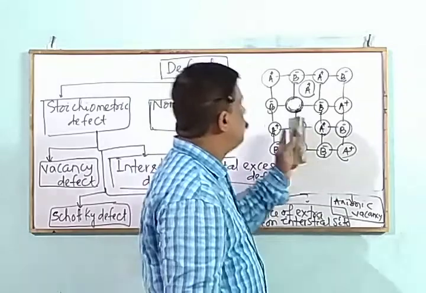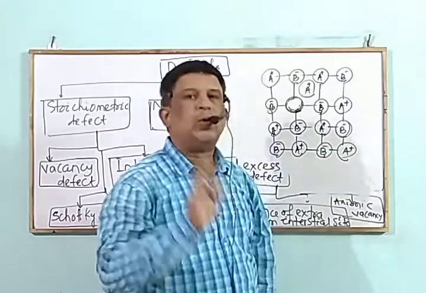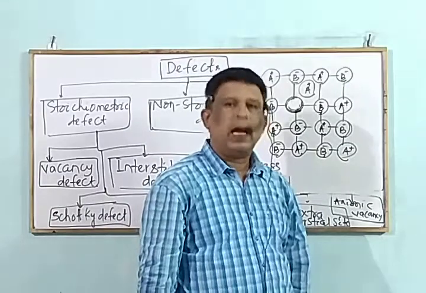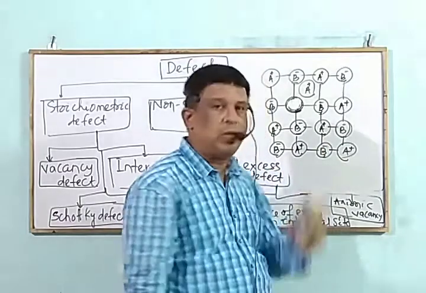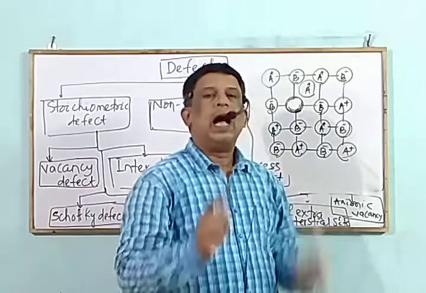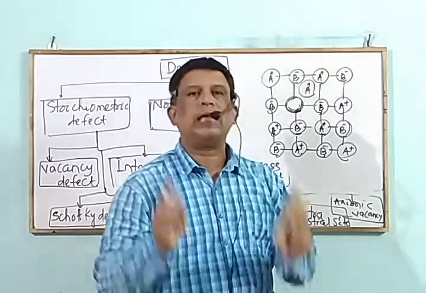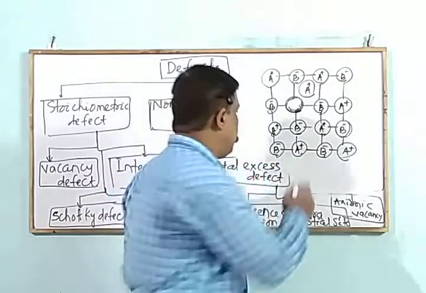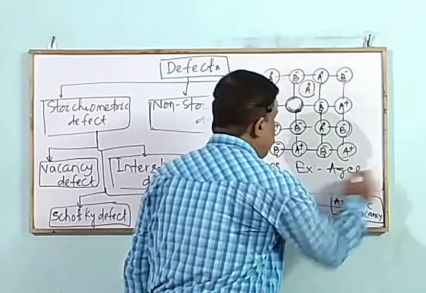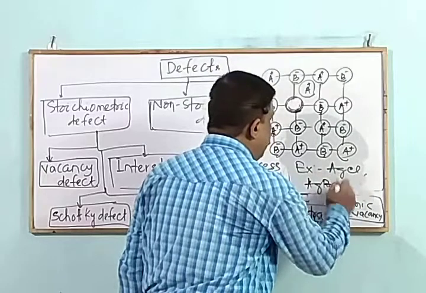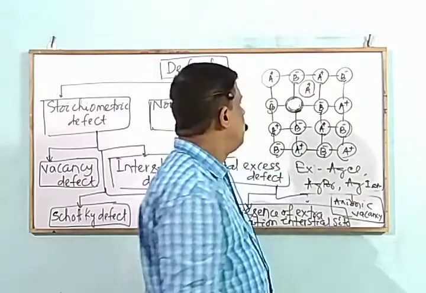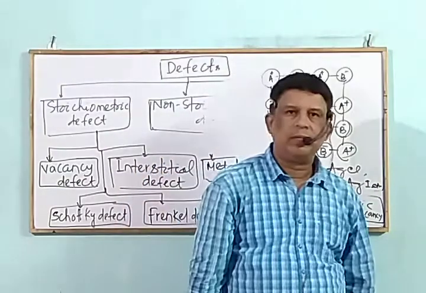As there is no deviation, that means there is no decrease in density, and this type of defect is shown by ionic solid having low coordination number and a large difference in size of cation and anion. For example, silver halides, that is silver chloride, silver bromide, silver iodide, etc. These show the Frankel defect.